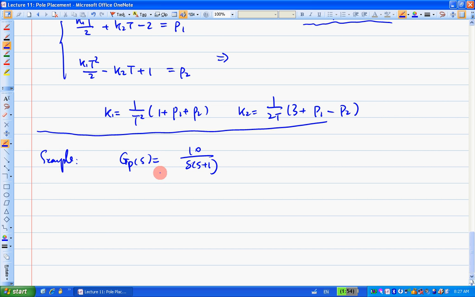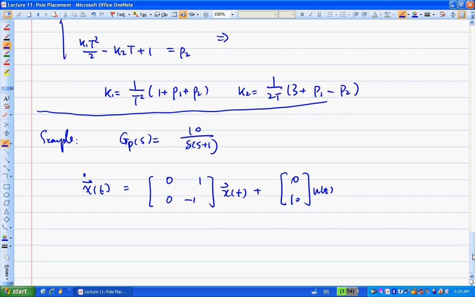Write this into a continuous state space model. You should try hand conversion first, and then if you want, you can use MATLAB to do that for you too.